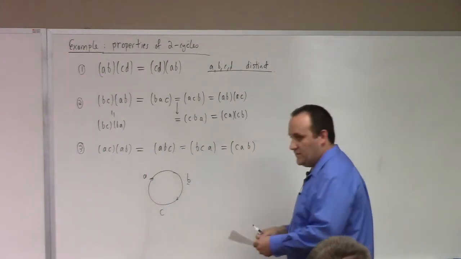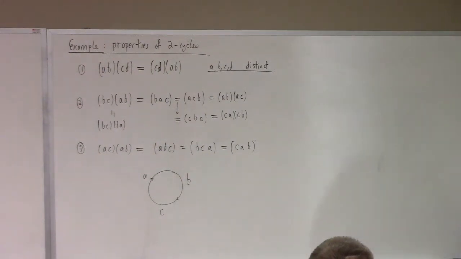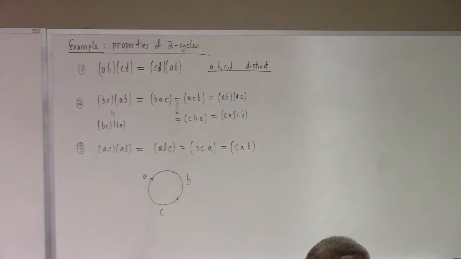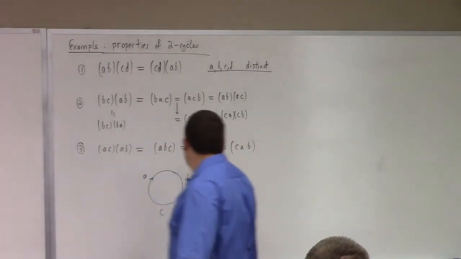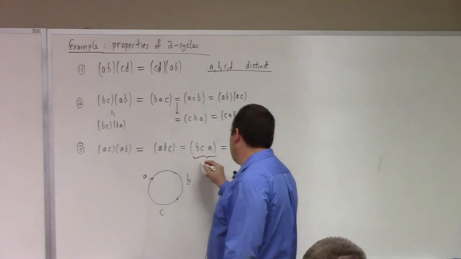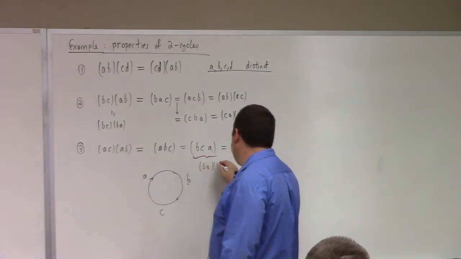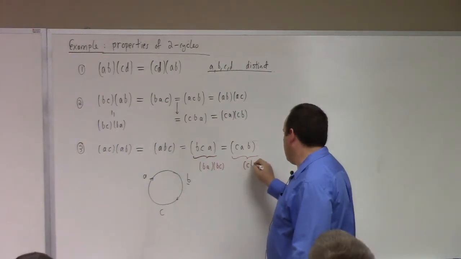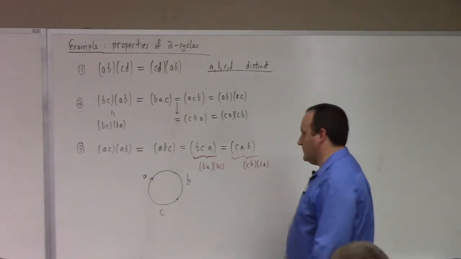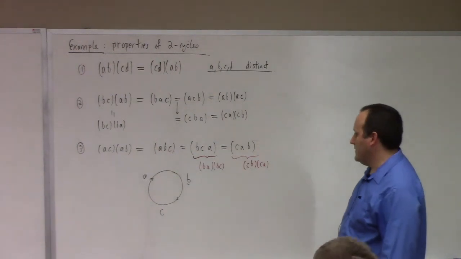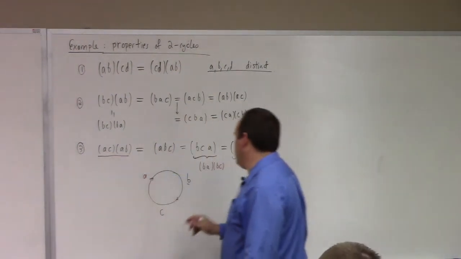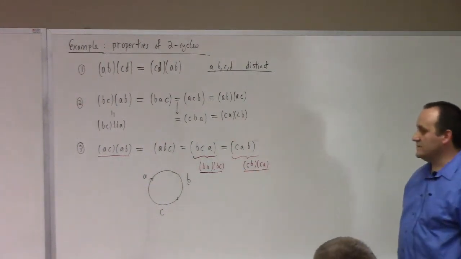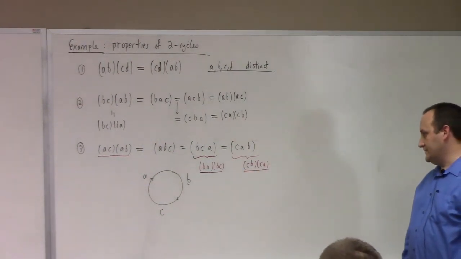And then, of course, going back and using the transposition trick, those also give you, like this could be written also as BA, BC, and this one could be written as CB, CA. So in total, we get that this product of transpositions is equal to that product of transpositions is equal to that product of transpositions.